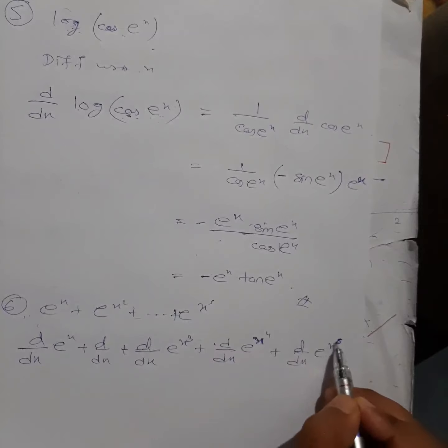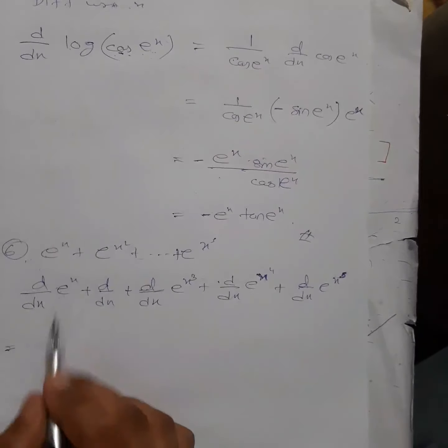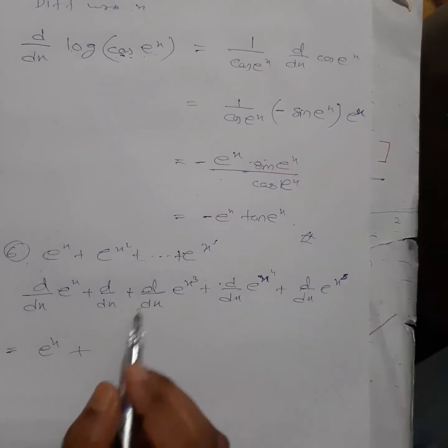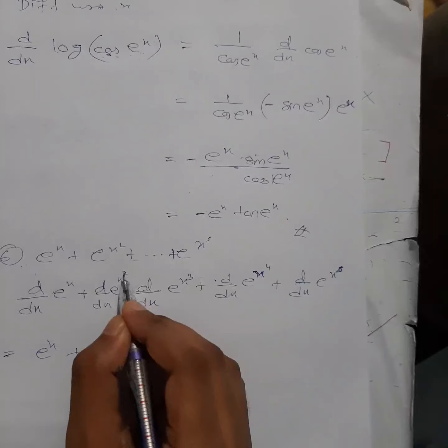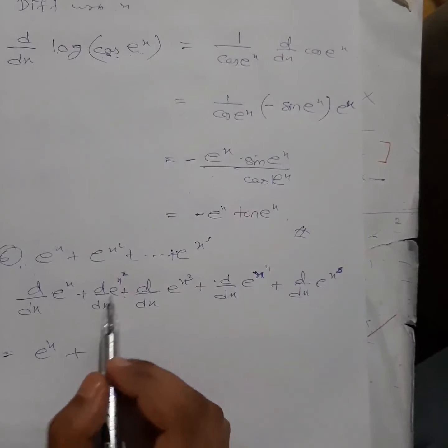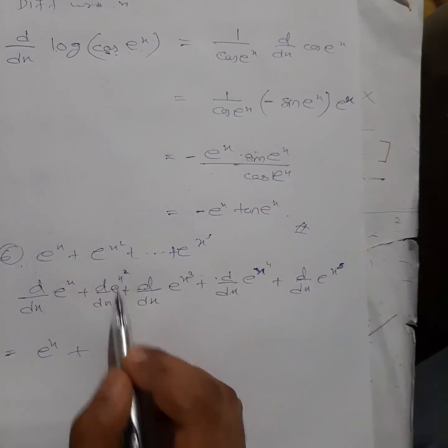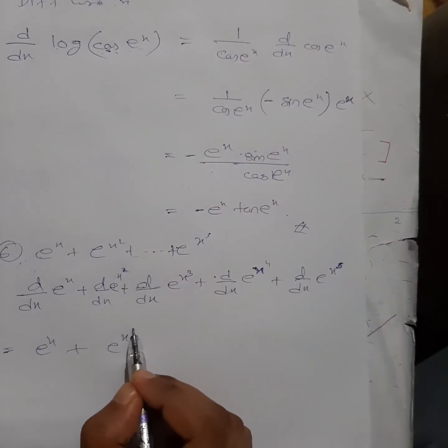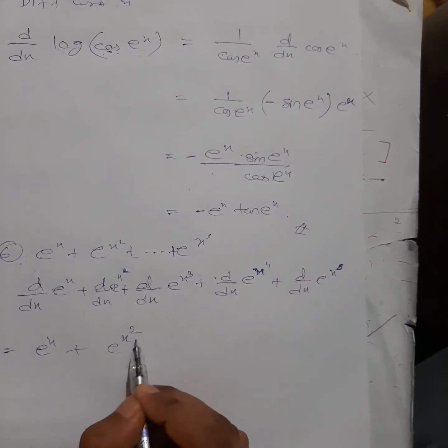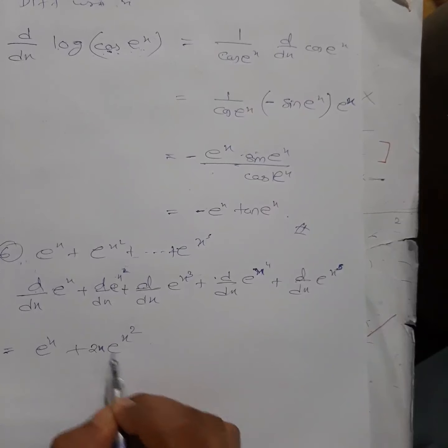Okay, x with power 5, this one, which is equal to, so d/dx of e^x is e^x only, plus d/dx of, oh here I have not written, e^(x squared). So e^(x squared), this one is e^x form, but in place of x you have x squared. So first thing, d/dx of e^x is e^x only, but in place of x you have x squared, so you have to differentiate that one again. So what will you get here? 2x again.